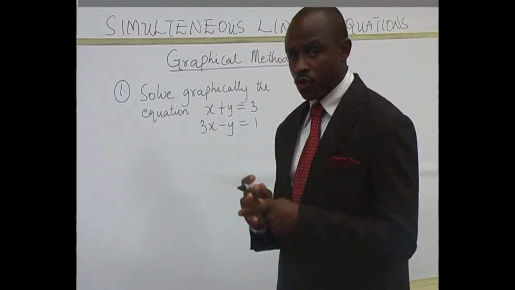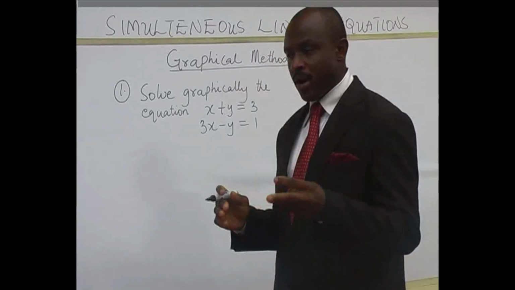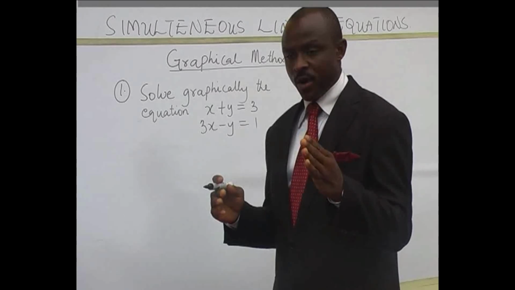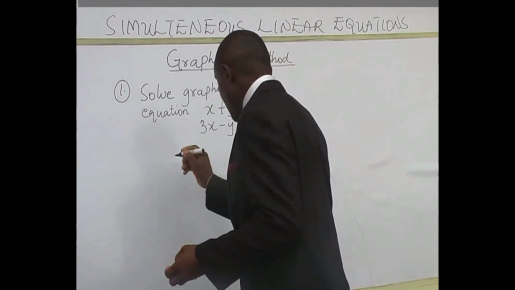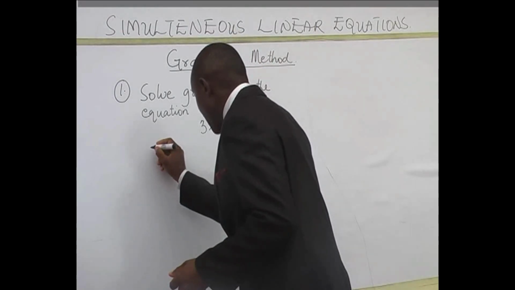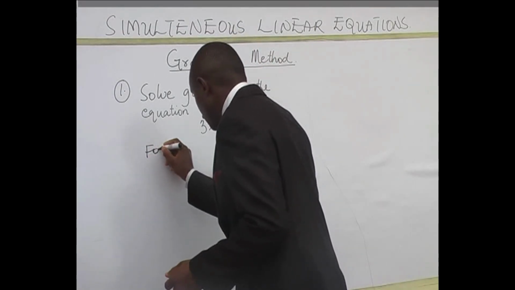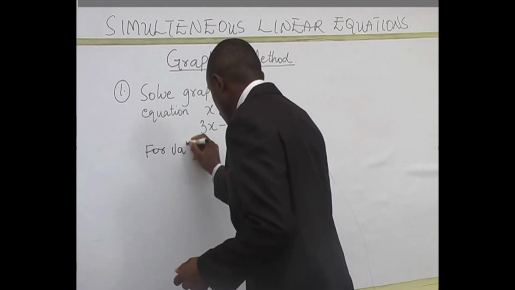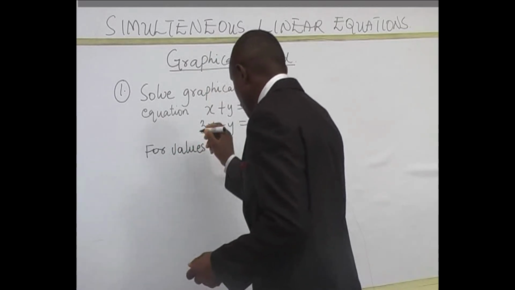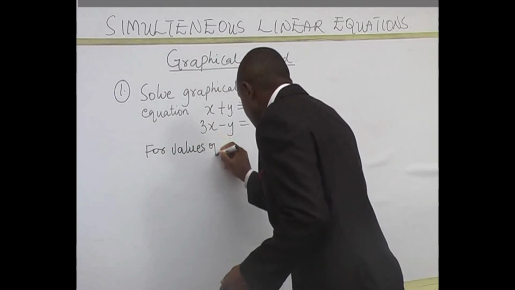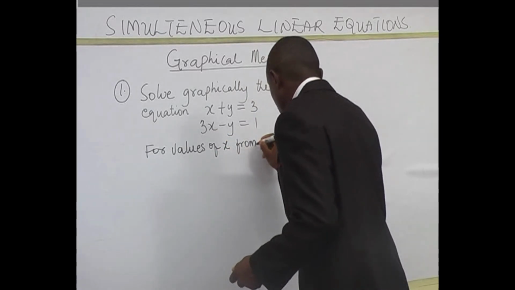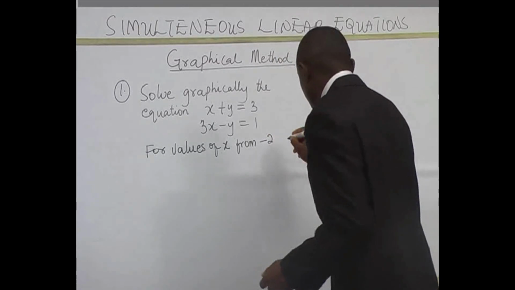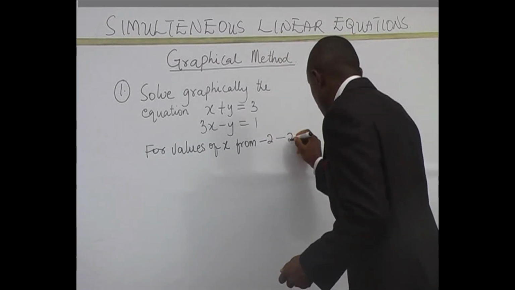Now we have come into the reasoning properly. First of all, construct the table of values. Let's take values of x from -2 to 2.